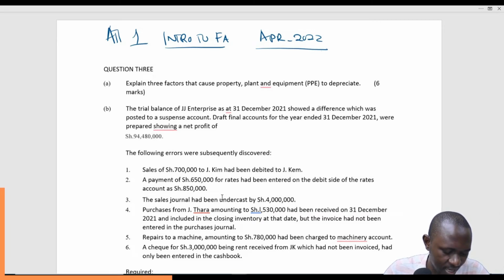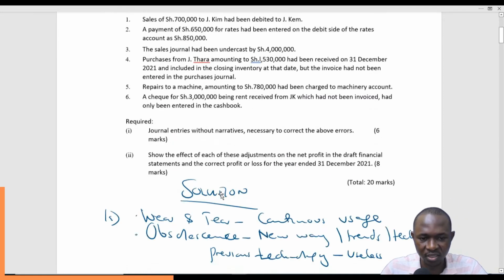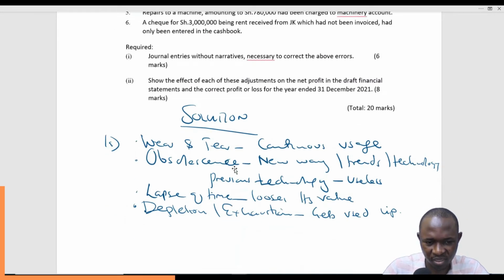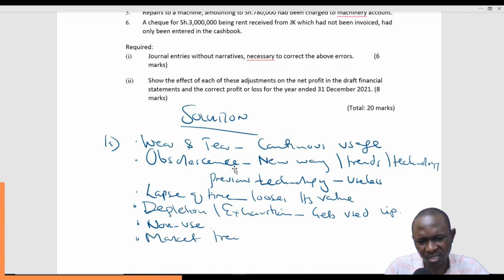Market trends or non-use of the property can also be a reason. Non-use, where the property doesn't have any more use. And we've also talked of market trends, which are closely related to obsolescence, but may not necessarily be the same.